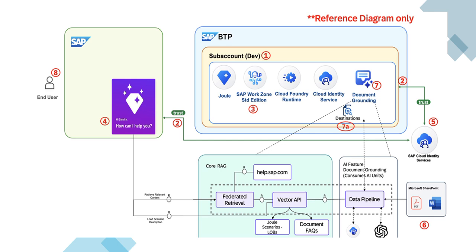SAP Start is now available to customers at no extra cost of service. You guys know, right? So this Joule uses the navigation service component of our SAP Build Work Zone Standard Edition to resolve the intent-based navigation targets and configure the additional content providers also.